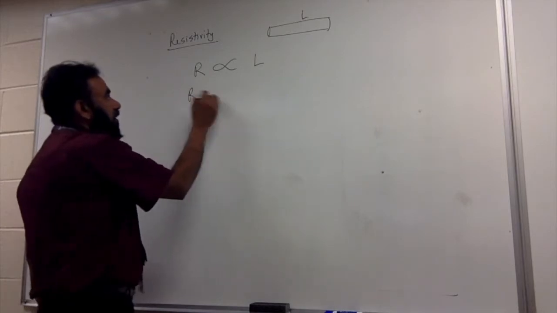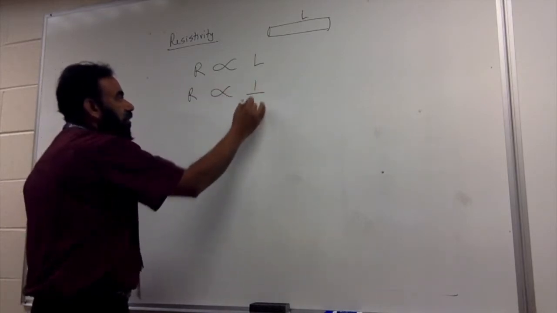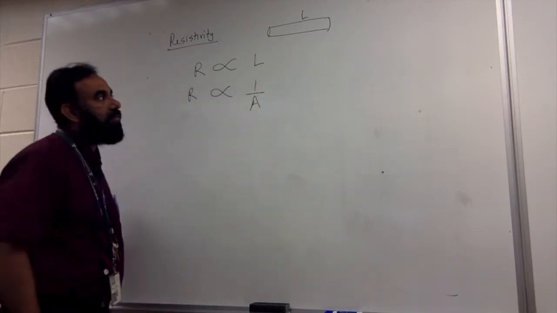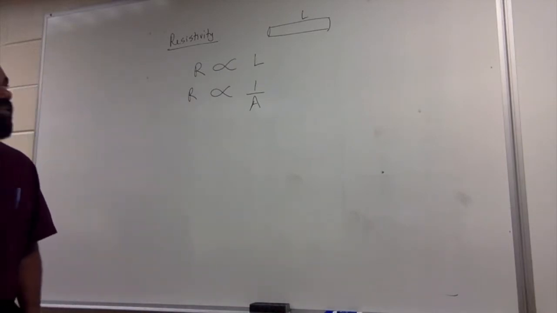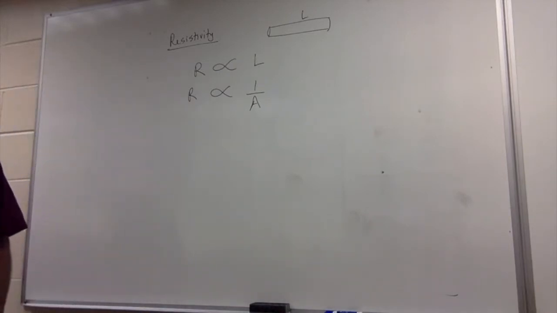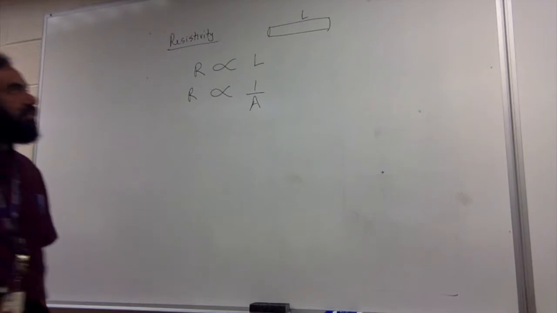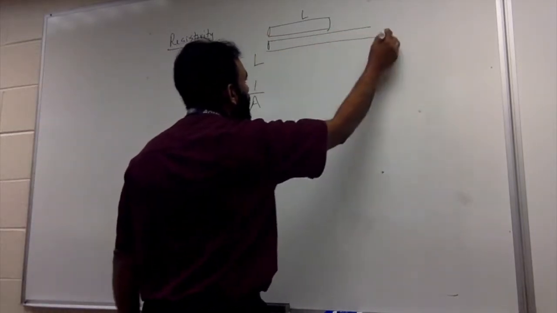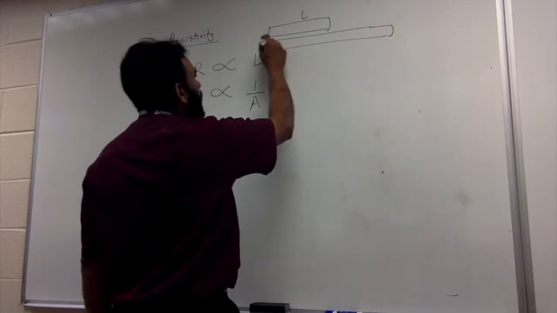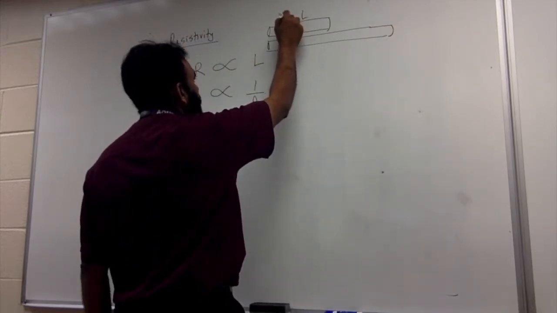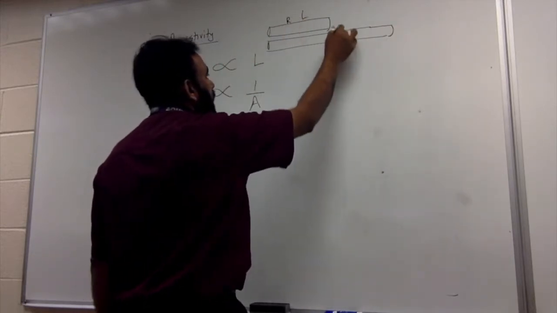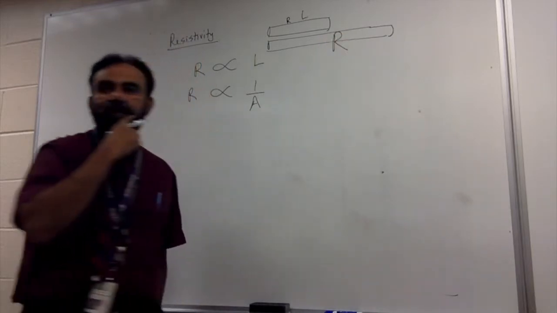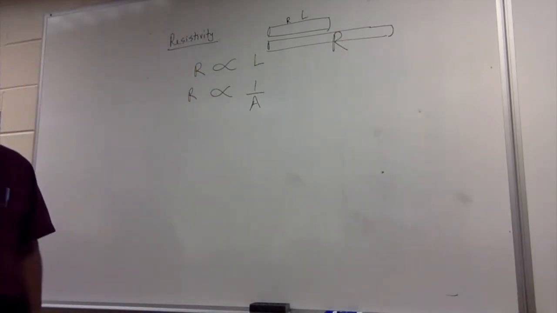And the resistance is also inversely proportional to the area of the material. So if a material is longer, it will have more resistance. If this resistance is R, this will be R. It's proportional to the length.